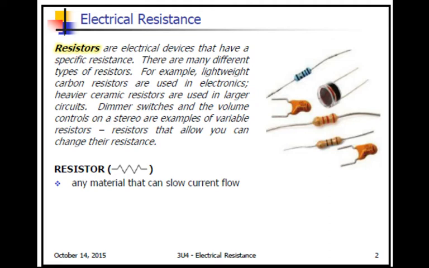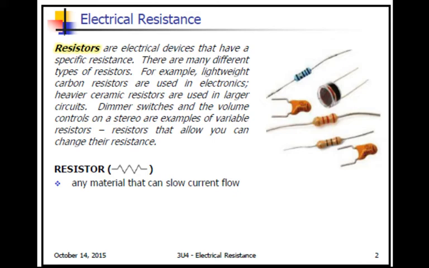Resistors come in different kinds of forms. You can have resistors that change their resistance, known as potentiometers. You can have resistors of this type here, which are the most common, that can be read using a color code. And you can have resistors that have different tolerances as well.